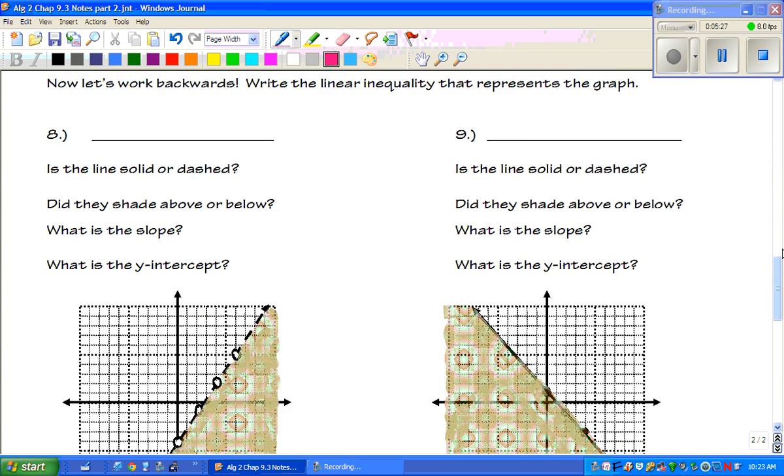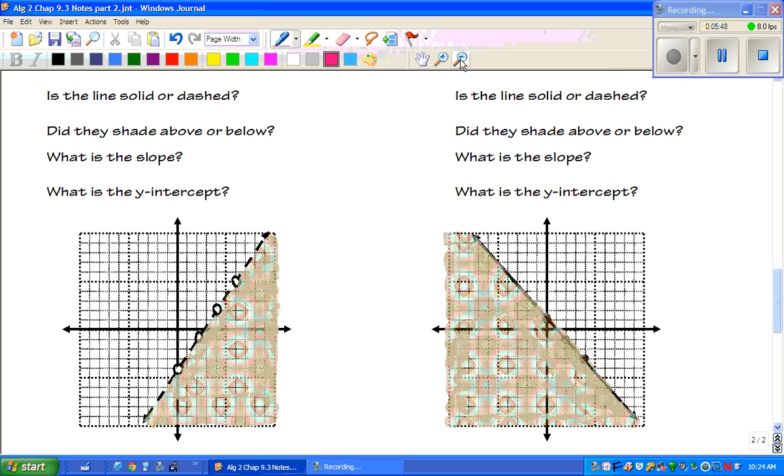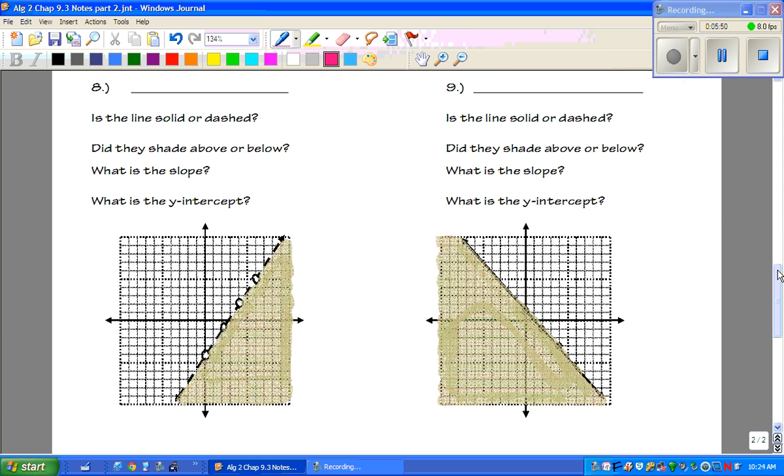So these other ones on the back, now we have to work backwards. One of the things to know is that if it's diagonal, it's going to have two variables. So let's look at number 8.